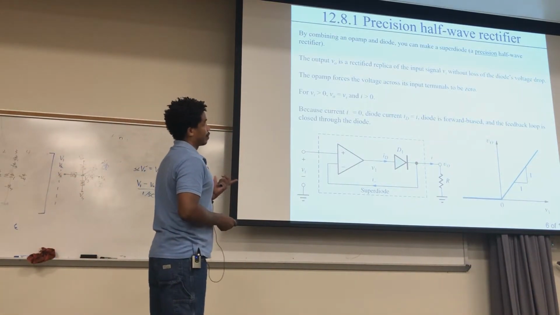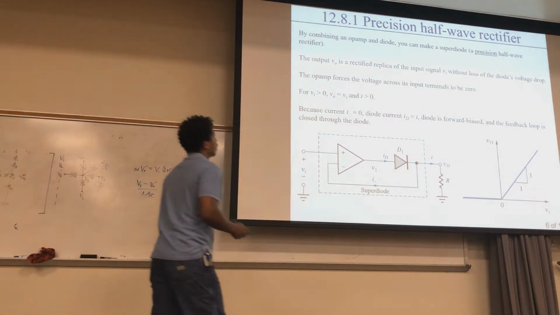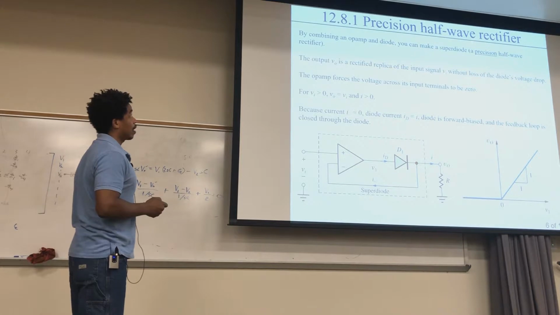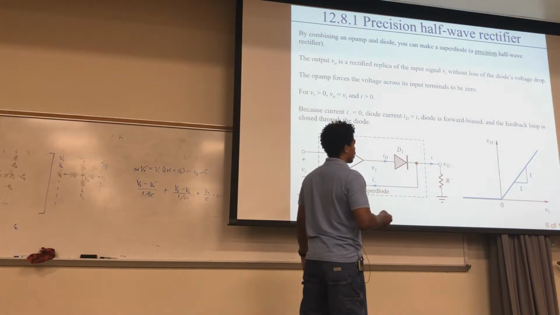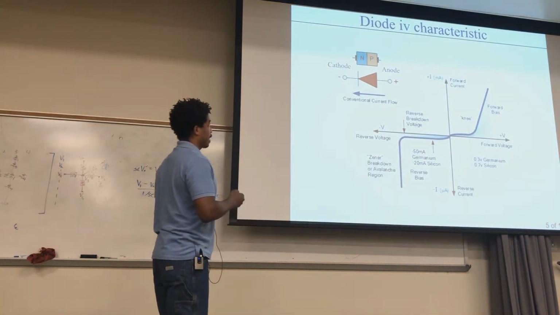Okay, and the reason we need that is because we're going to talk about some things that actually use diodes. So this right here is called a precision half-wave rectifier. And what's really nice about this is that this right here is the voltage transfer characteristic. So it's actually much more precise than something like this if you just have that alone.